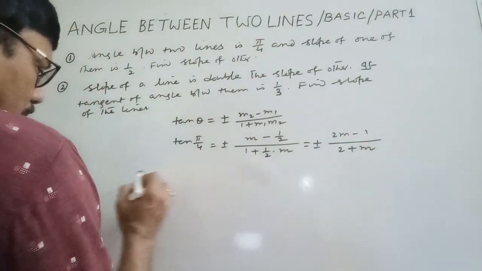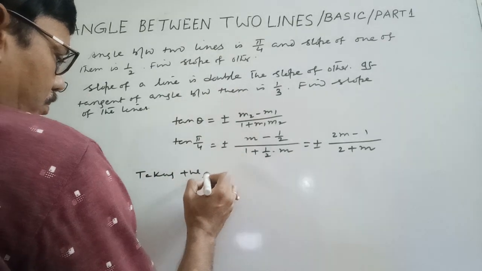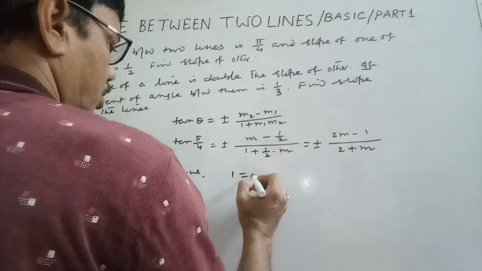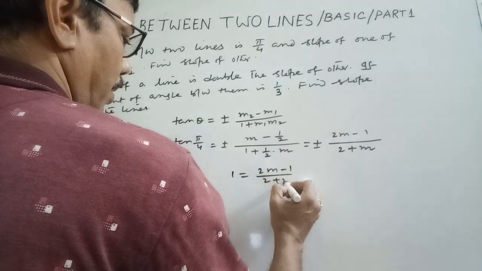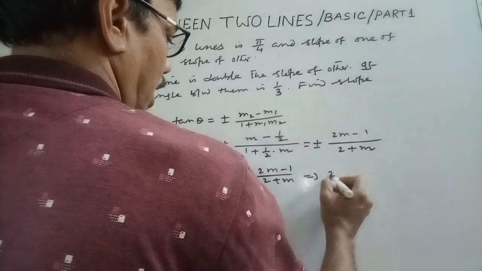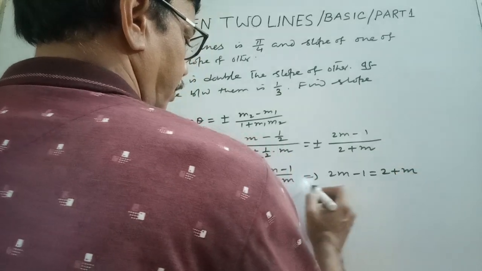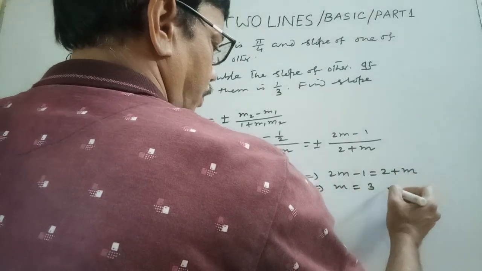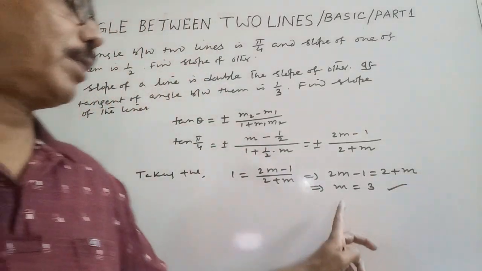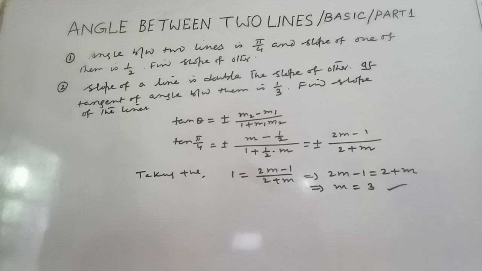So this is plus minus. Taking the positive sign, 1 equals (2m minus 1) by (2 plus m). So this implies 2m minus 1 equals 2 plus m. So this implies m equals 3.